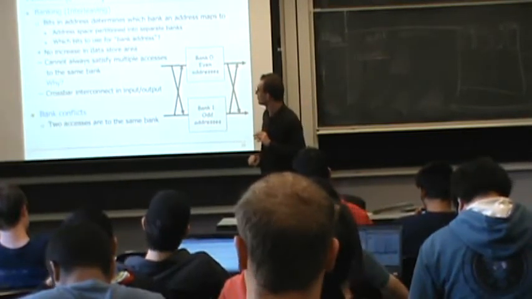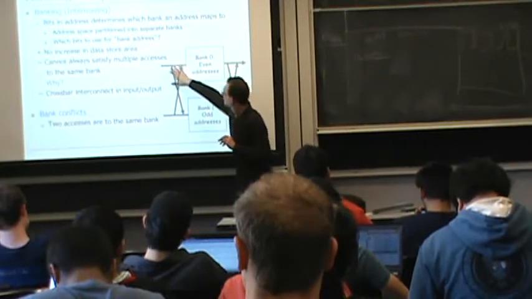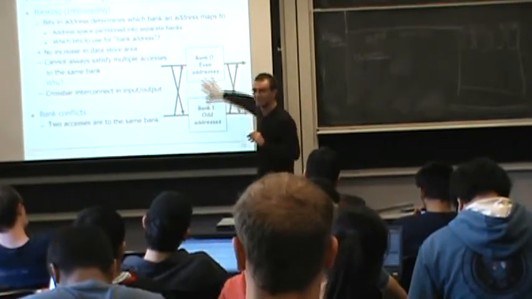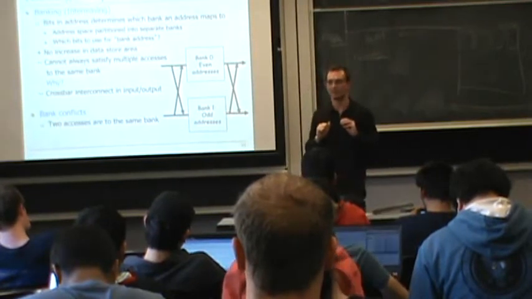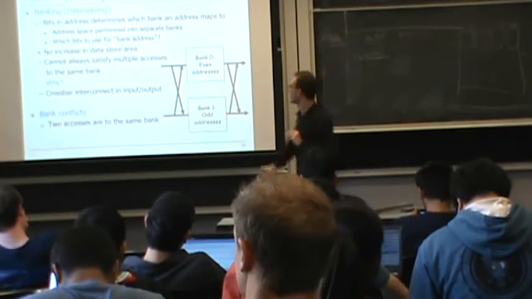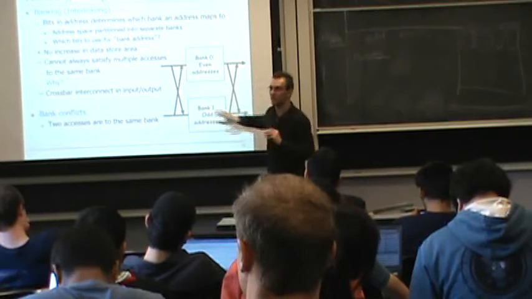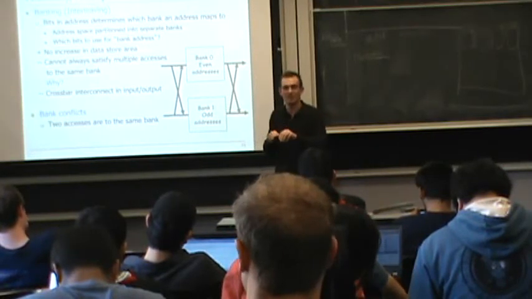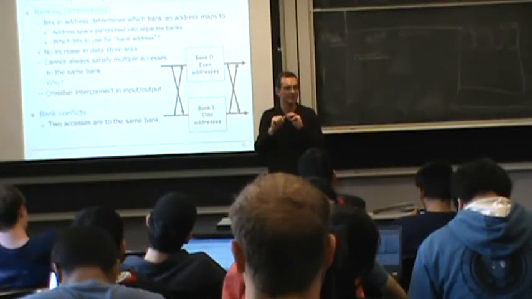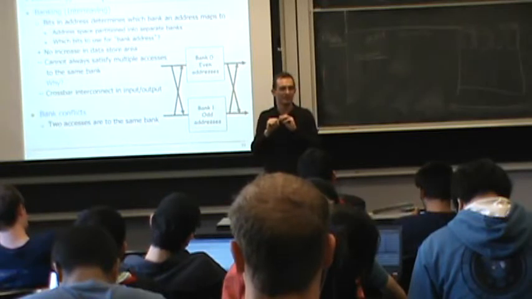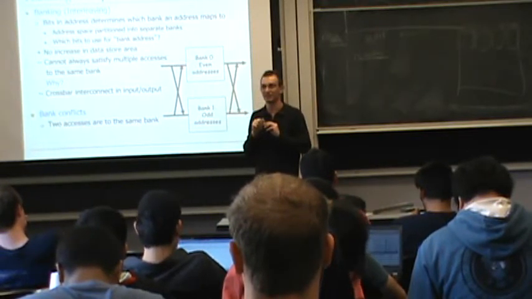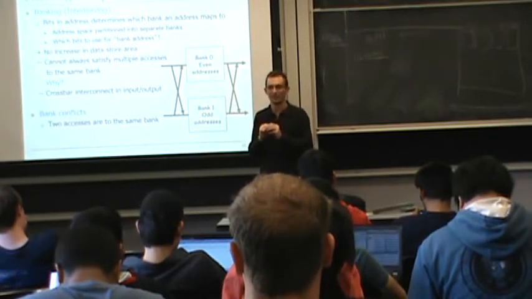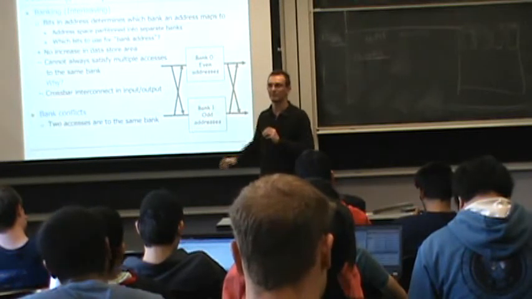Now, as long as your accesses go to different banks, they can truly proceed in parallel. The problem happens when your addresses happen to map to the same bank and you're accessing them at the same time. That's called a bank conflict. In that case, true multiporting is better. In true multiporting, you don't have that problem at all.